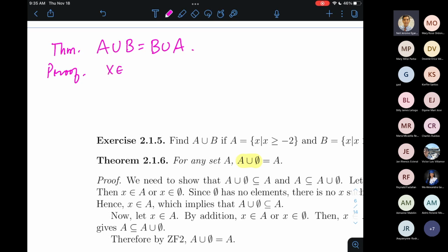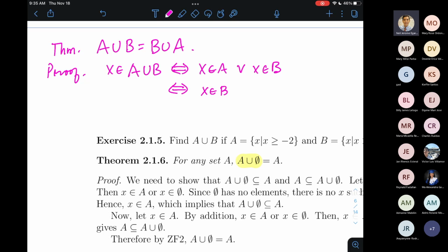So if X is an element of A union B, that happens if and only if X element of A or X element of B. Yan yung definition. Pero commutative ang OR. So, and that's a biconditional statement then.